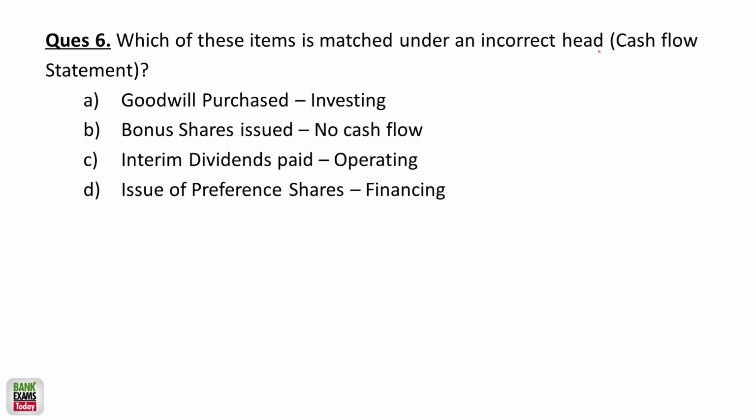So which of the items are matched correctly? Let me know the correct answer from the students. If you know the correct answer, just let me know in the super chat. I'm waiting. Just tell me the correct answer.